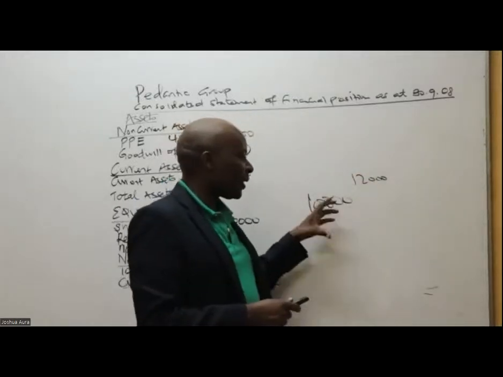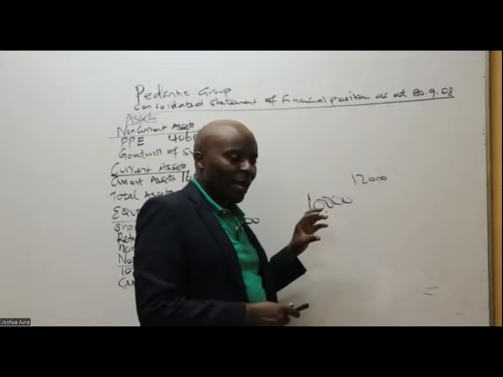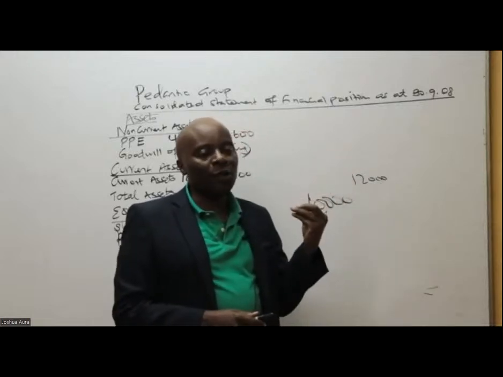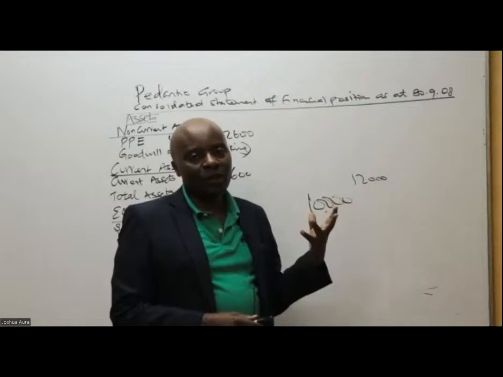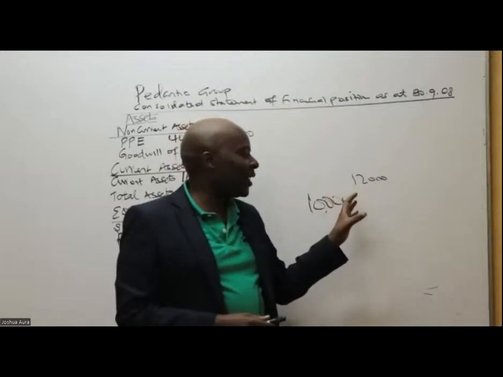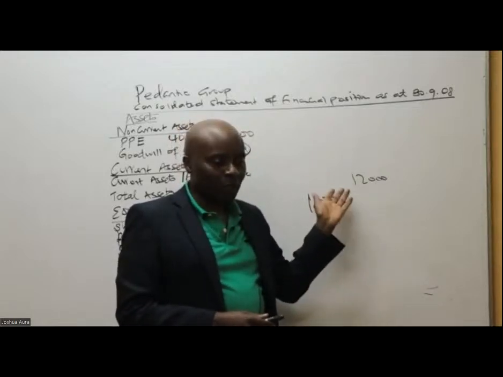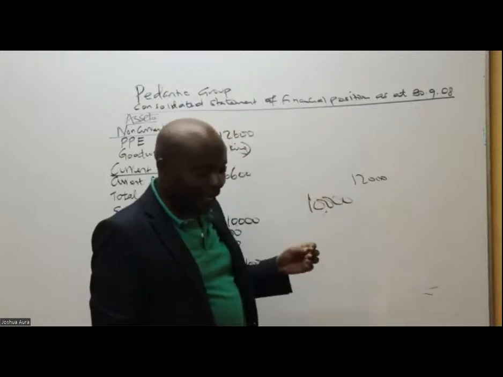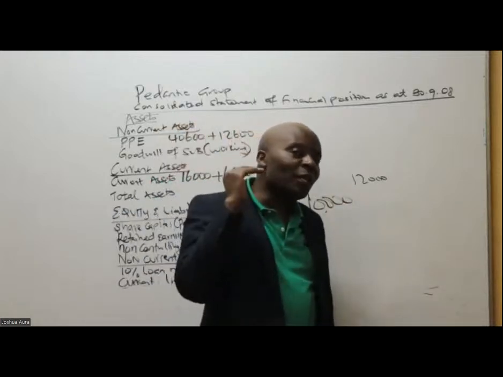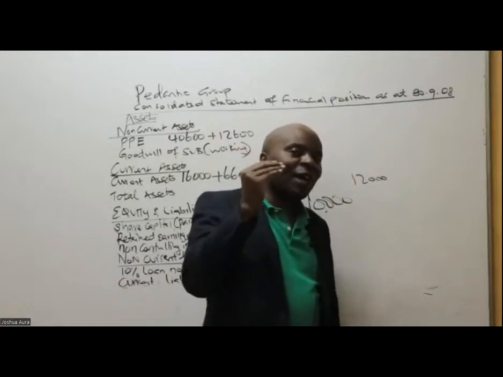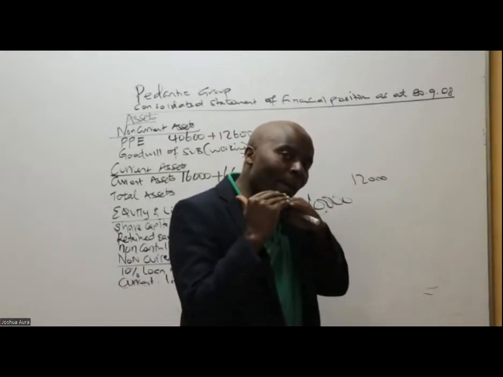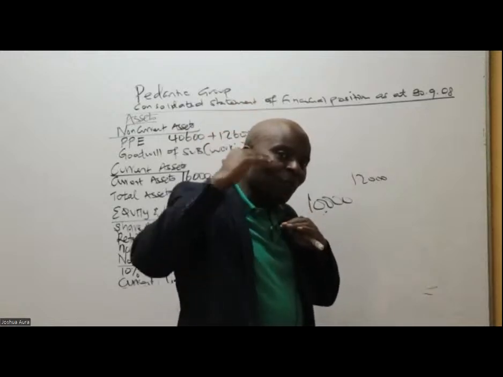So I must increase my books, inflate them to reflect the true value of the assets, the market value. It's a revaluation upward. When the fair value is higher than the book value, it means that we need to boost our PPE.